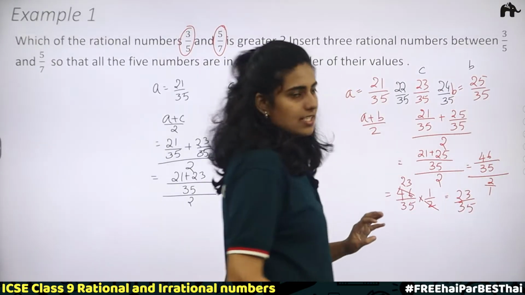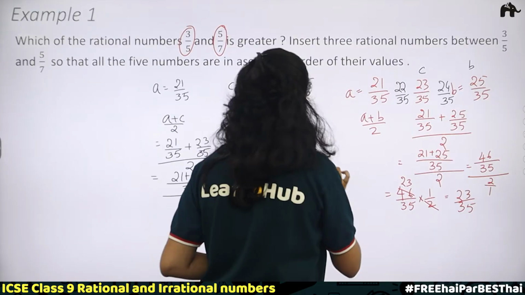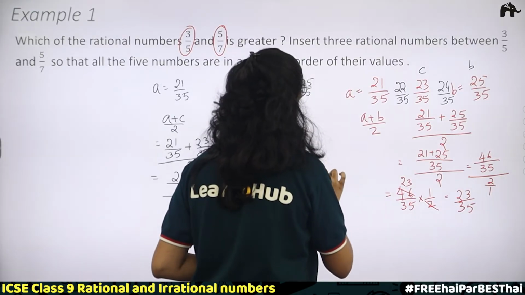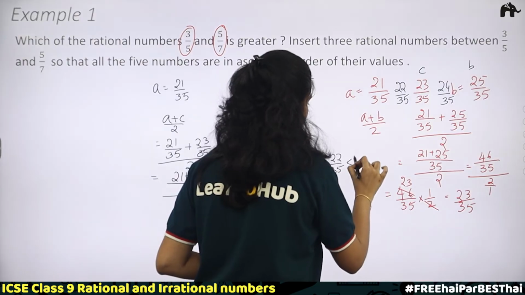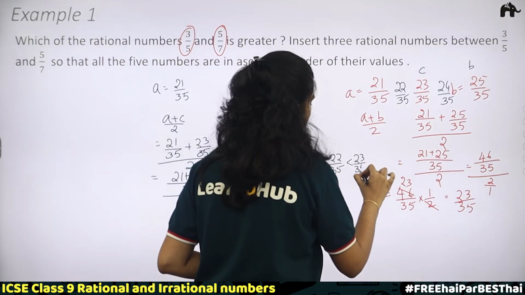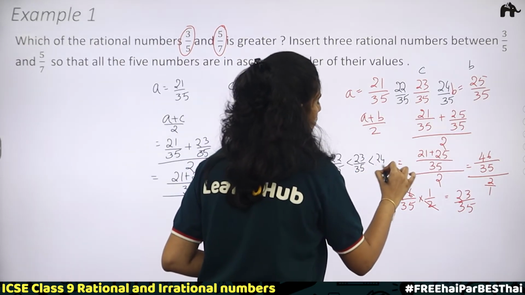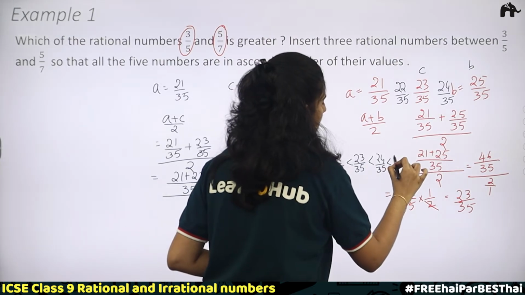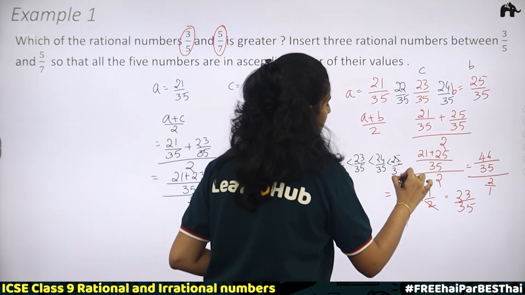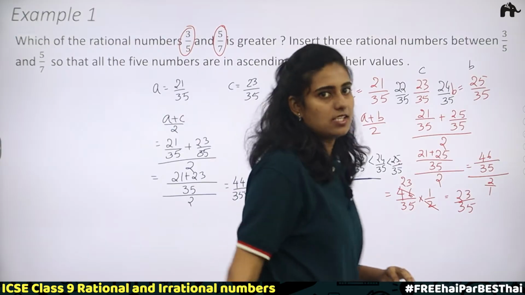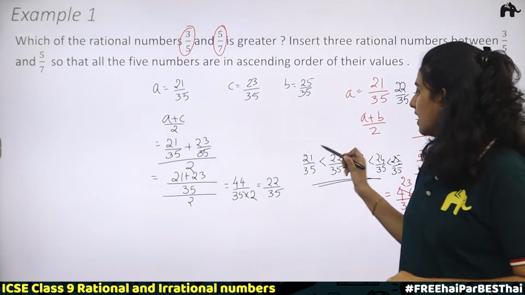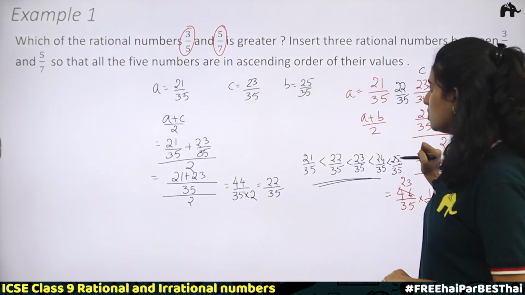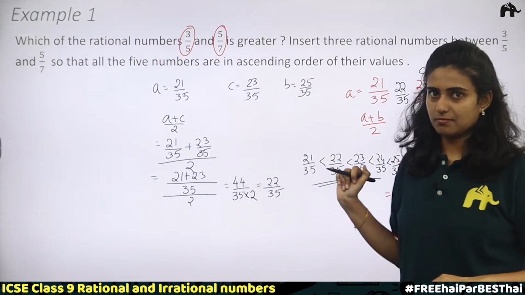So if you put it in ascending order, you will have 21 by 35 less than 22 by 35 less than 23 by 35 less than 24 by 35 less than 25 divided by 35. So this is the ascending order of arrangement of the numbers. So we have got 3 numbers which lie between 21 by 35 and 25 divided by 35.